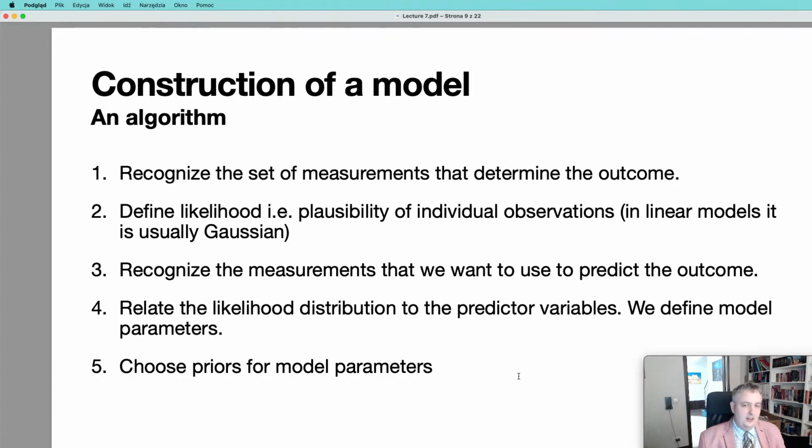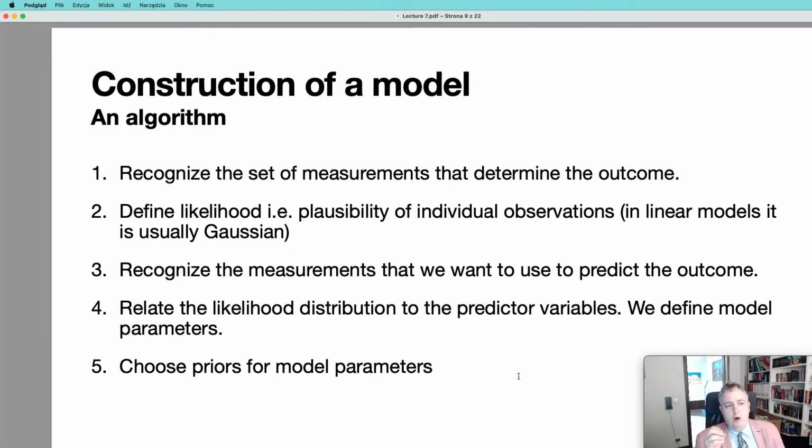So in linear models, it is usually a Gaussian relationship, because it gives us ease of computation mostly, and also if we do not have any motivation for extreme values happening here, the normal keeps us rather tight in the neighborhood of 2 sigma from the measurement. So this gives us a little bit of leeway.